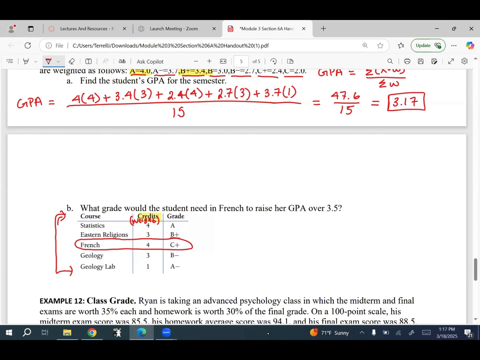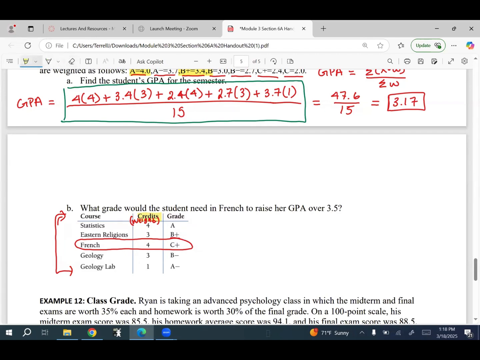If you look above here, what we just did right here is how you calculate the GPA. And so really, the class that I'm trying to figure out the grade is the one I got a C plus in, which is a 2.4.